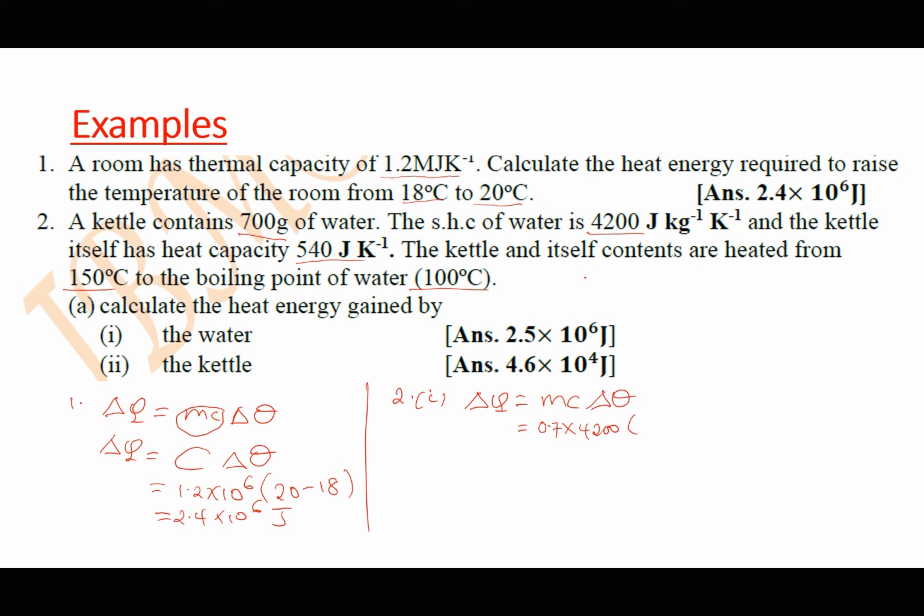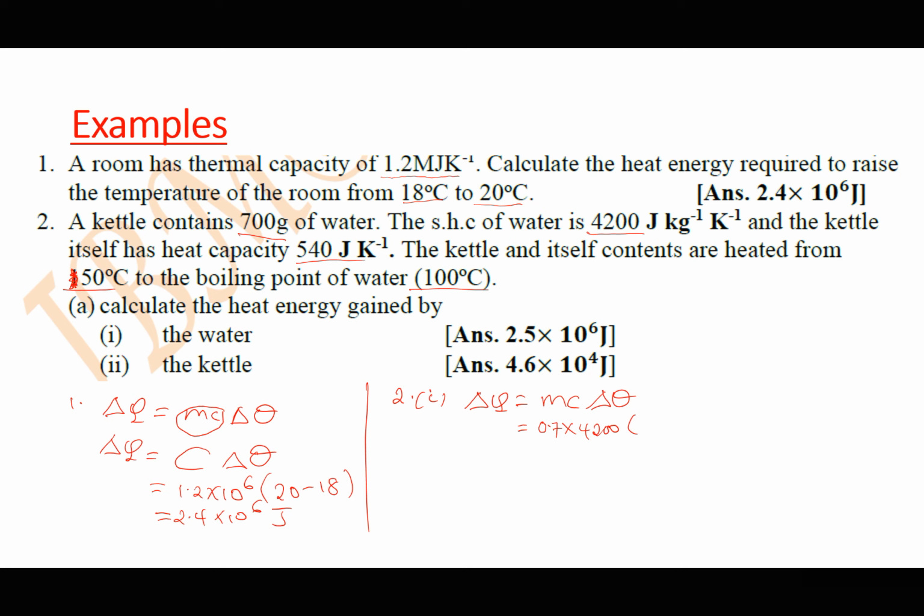They say the kettle and its contents are heated from 150 degrees Celsius to the boiling point. No, this is actually not 150, this is 50 degrees Celsius to 100 degrees Celsius, because we can't heat from 150 to 100. This is a typing error.